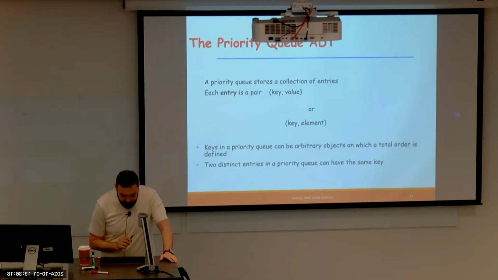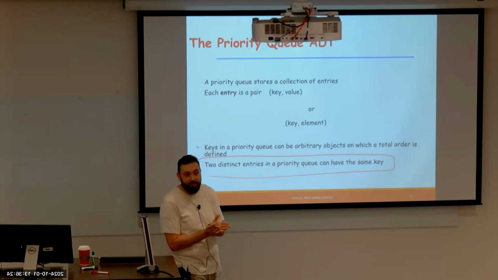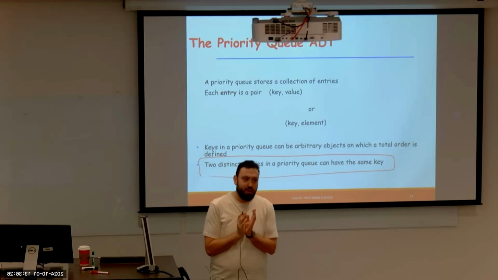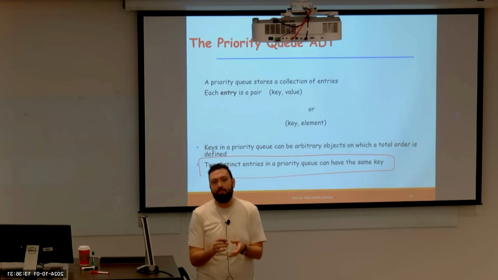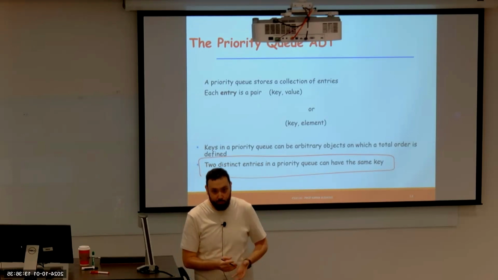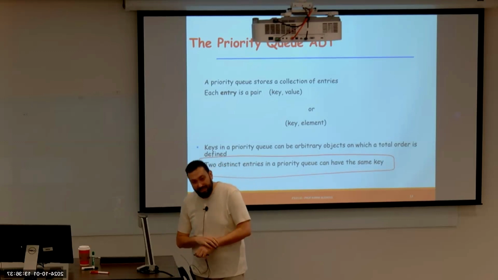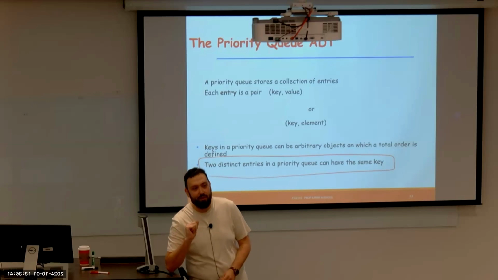Okay, so we covered, now this is important. If I have two distinct entries in a priority queue that have the same key, what's going to happen? Again, it's going to be up to you guys. But usually what we do here is, for example, both of them have the same priority, so first in, first served at this point. But in real life, in the example of multi-threading, it's not going to be like this.